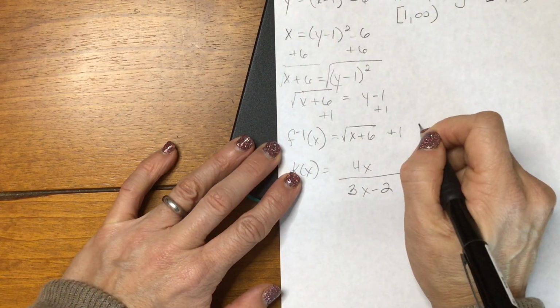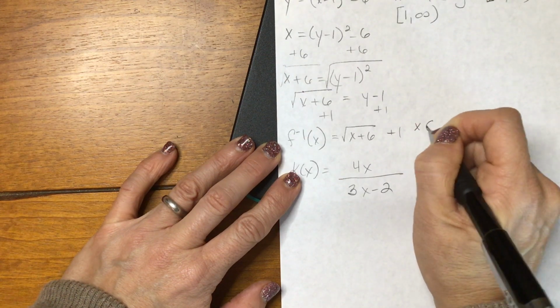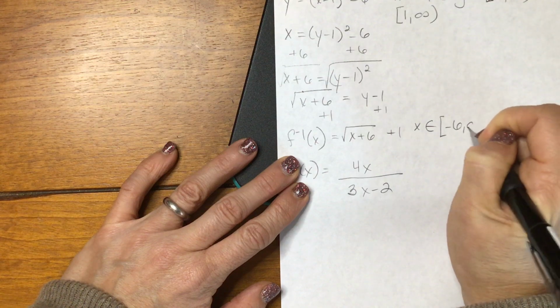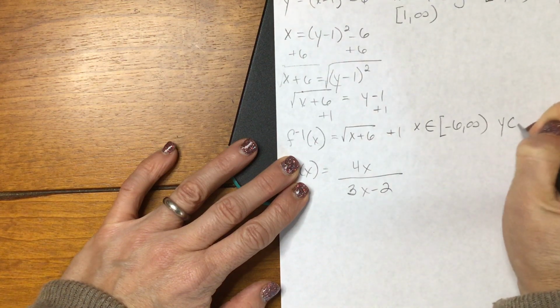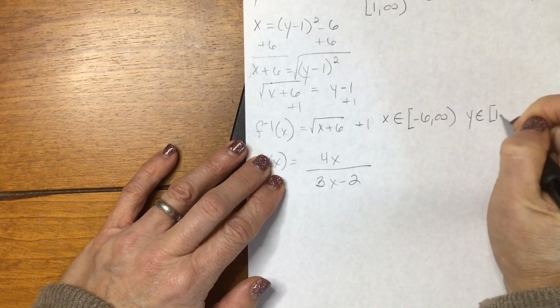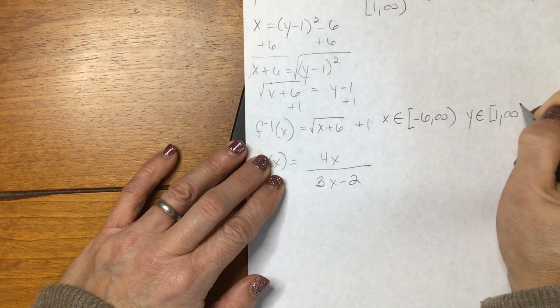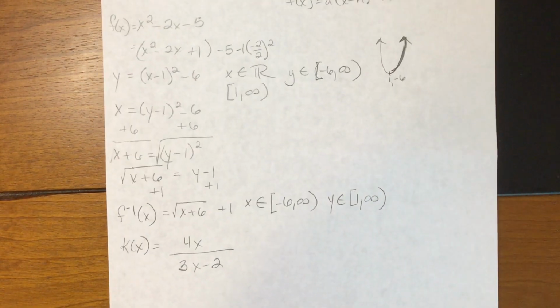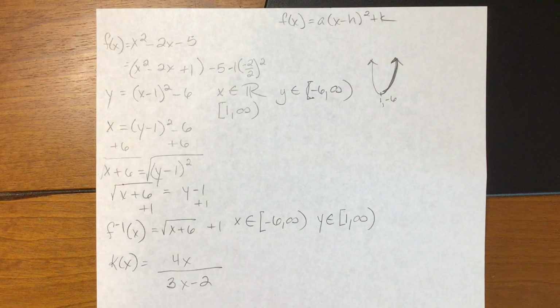And so my new domain is going to be whatever my old range was, so negative 6 to infinity, and my new range is going to be 1 to infinity. Hopefully you guys can see all that. So let me put that all in there. You may want to pause and get this all in your notes.